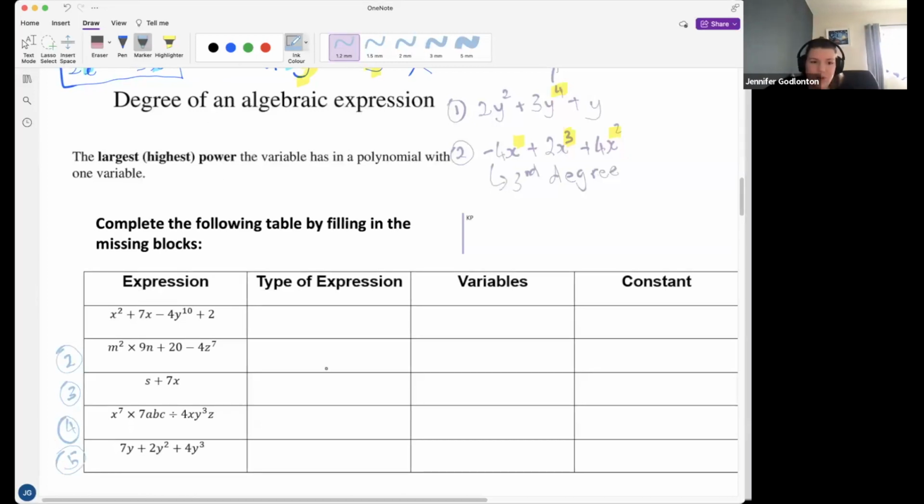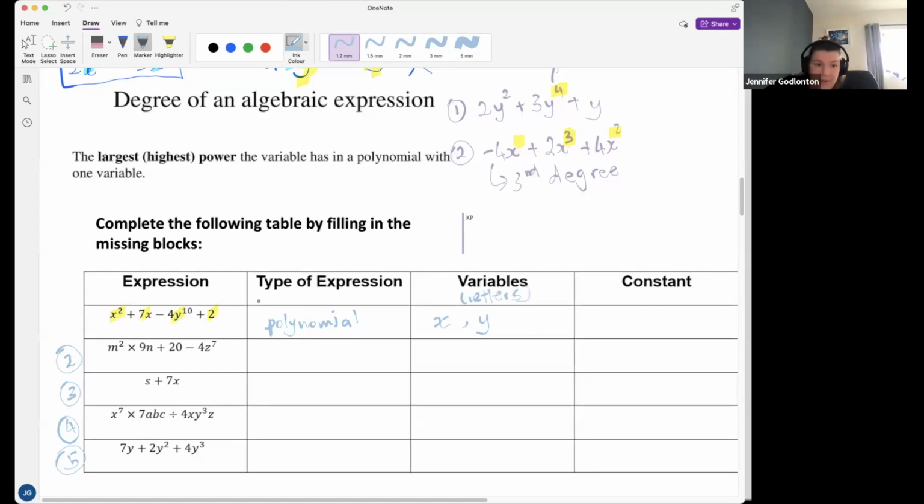So first of all, our type of expression. So if I'm having a look here, I've got 1, 2, 3, 4 terms. Okay, so that means it is a polynomial, because I have more than one term. Okay. Variables, I have got x's and I have got y's. So those are my letters. So variables are our letters.